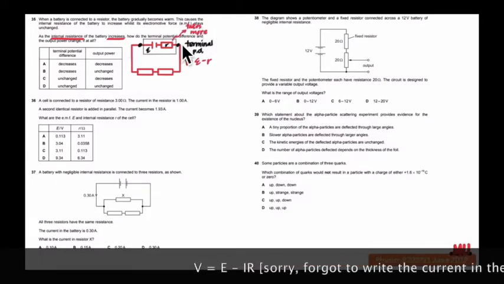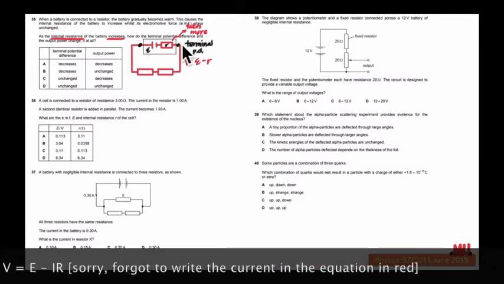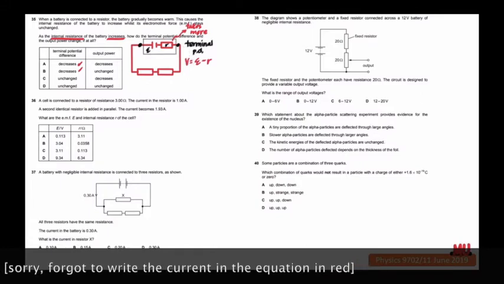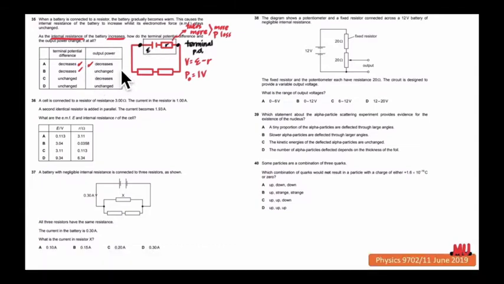This means that the terminal PD from the equation here decreases. More volts are taken by the higher internal resistance. So these are possible answers, A and B. Now the power output is related to the terminal PD, and since the terminal PD has decreased due to more power lost to the internal resistance, then the power output also decreases.